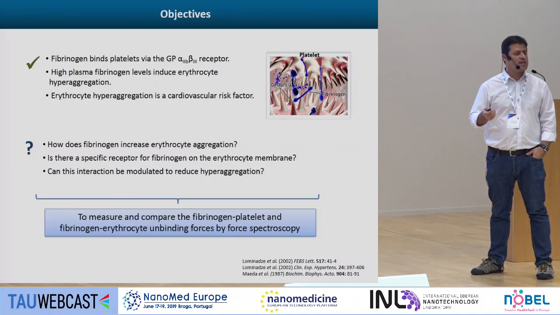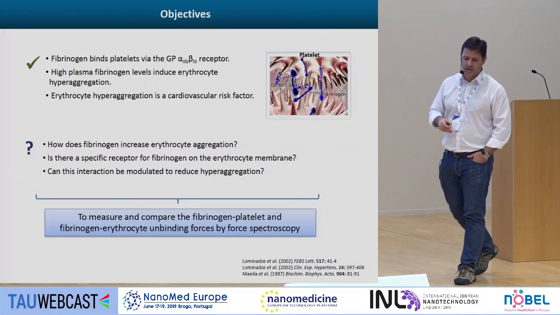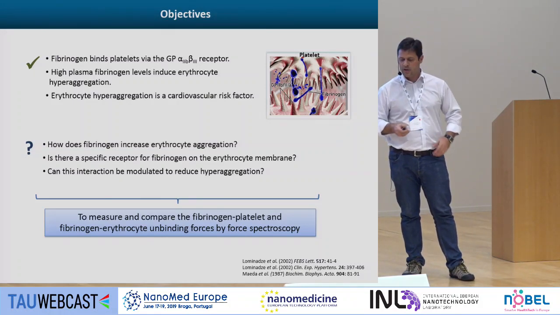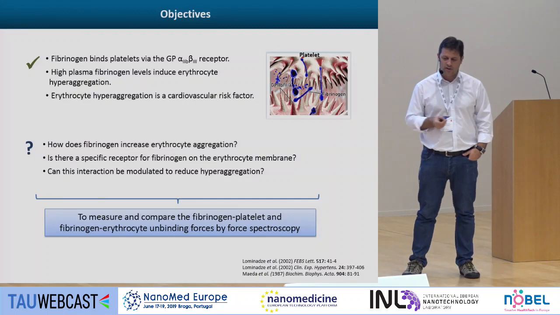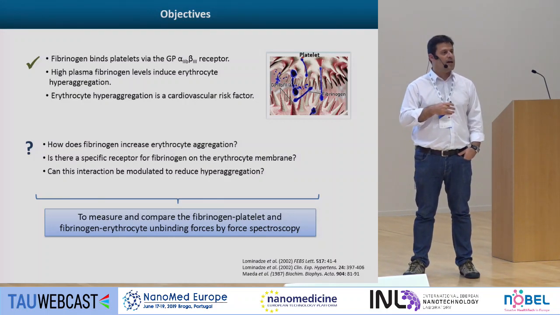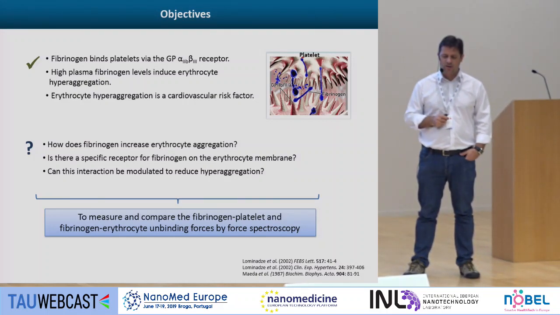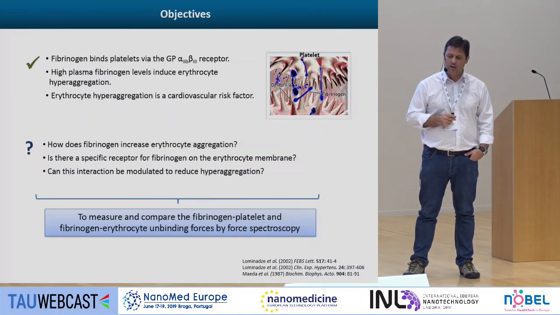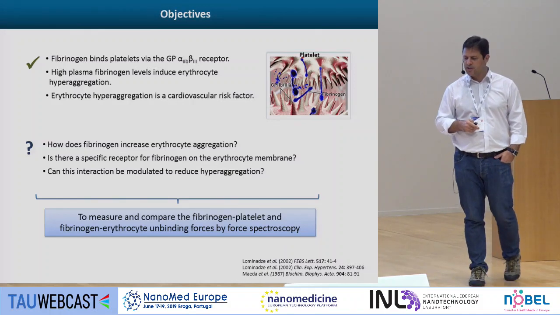So this led us to study how fibrinogen increases erythrocyte aggregation, if there is a specific receptor associated to this, or if it would be just a non-specific protein-lipid interaction, and of course also if we could somehow modulate the interaction to reduce hyperaggregation.